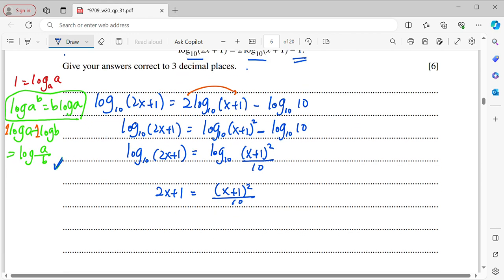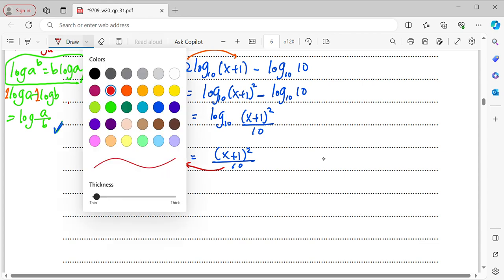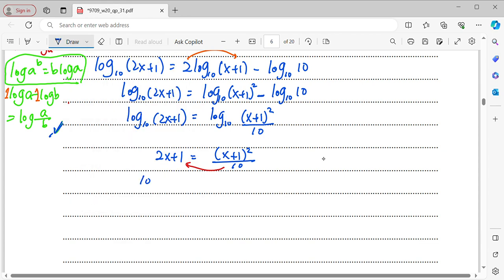Okay, so now to solve this and give your answers correct to 3 decimal places. Look at the hints here. Answers means you will be getting more than 1 x value. So now this 10 will be moved up to the left side. Then I will be getting 10 brackets 2x plus 1 equals (x plus 1) squared.